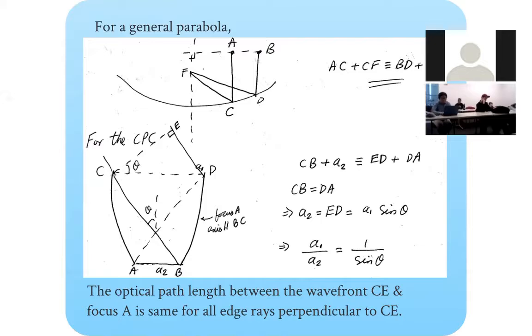Now we know that CD is A1, let's call it A1, which is the entrance aperture of the CPC. And AB is A2, the exit aperture of the CPC, okay? So then we can write CB plus A2 is equal to ED plus DA.